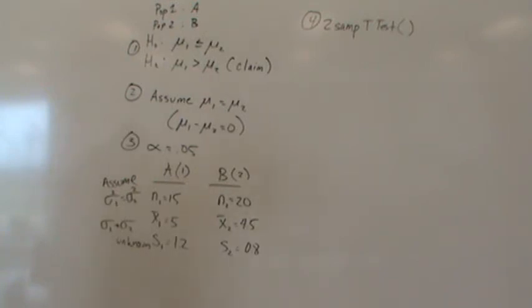So stat, now X bar 1 is 5, S1 is 1.2, N1 is 15, X bar 2 is 4.5, S2 is 0.8, N2 is 20.